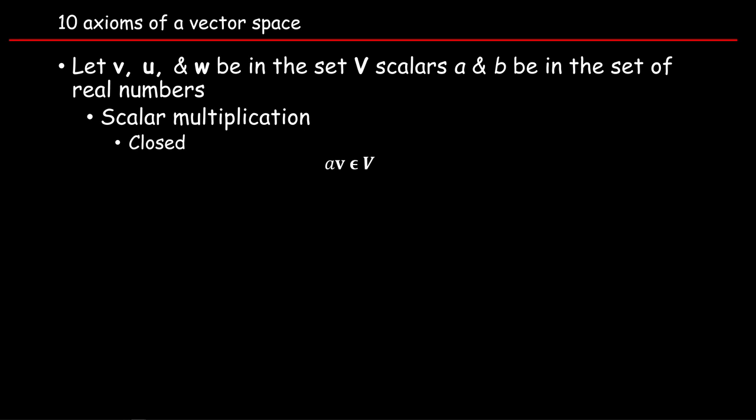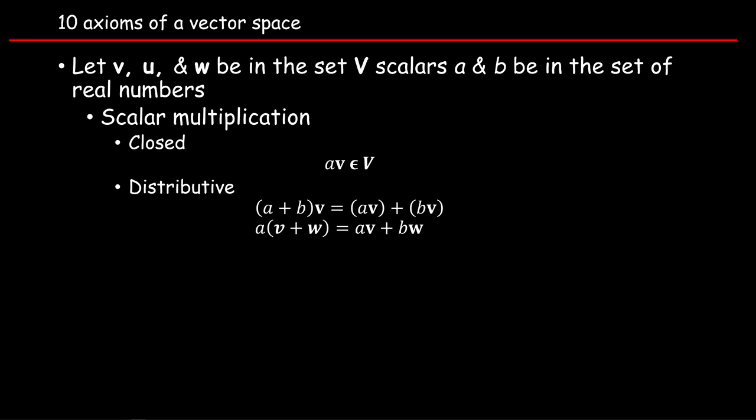The next axiom would be the distributive property, and there are 2 of them. The first one is that the sum of 2 scalars multiplied by a vector is the same as the sum of the 2 different scalars multiplied by the same vector.